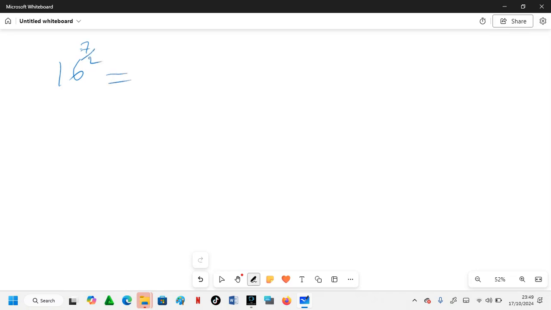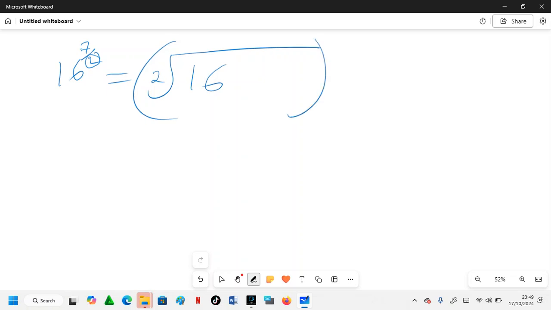So you're saying you'll get the square root of 16, and then you'll raise that to 7. The answer is going to be 4 to the power 7, which is going to be 16,384.